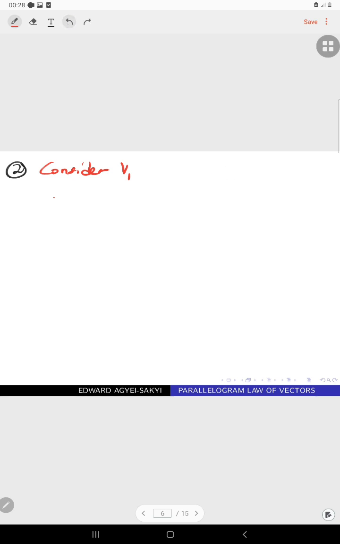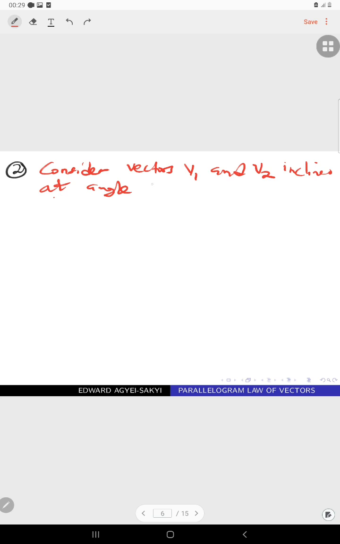Consider vectors V1 and V2 inclined at angle, let's say beta. Let me still use theta, okay? Angle theta. Should I change the value?